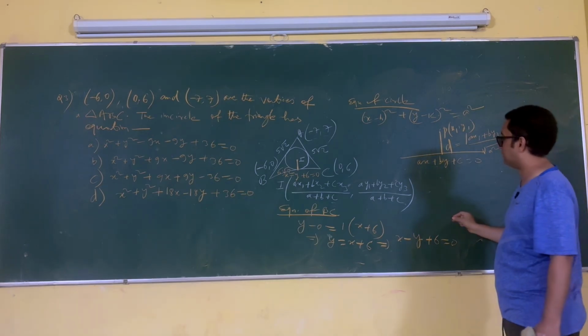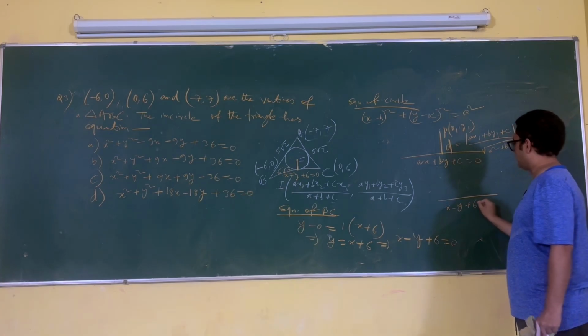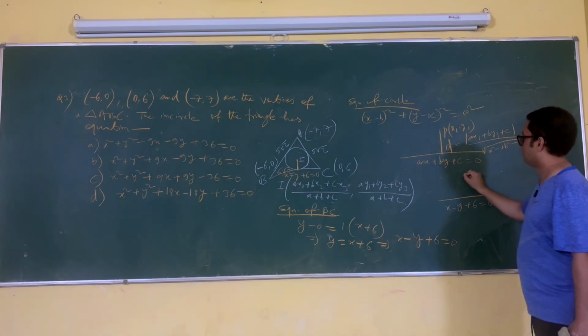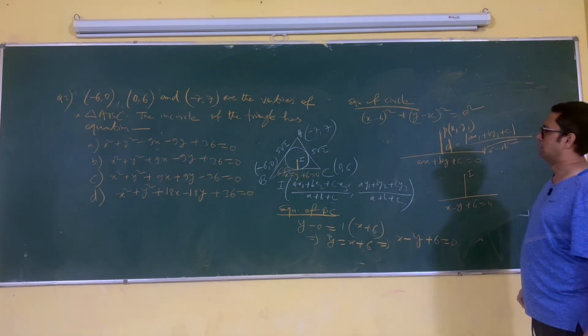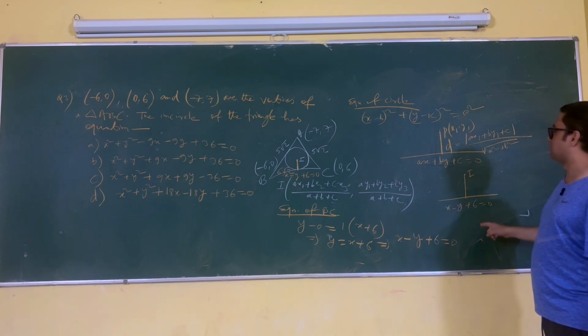So if you apply here, this is your equation, x minus y plus 6 is equal to 0, and from the in center we have to find this length.